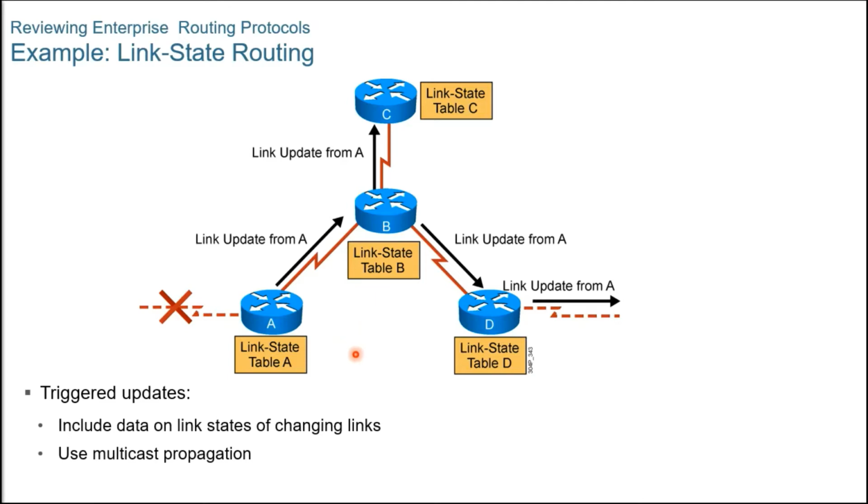The third type of protocol that I mentioned earlier is the hybrid interior gateway protocol, which is Cisco's EIGRP. I mentioned earlier that this is part of the distance vector. It is an advanced distance vector, making it a hybrid. So EIGRP has characteristics of both distance vector and link state protocols.